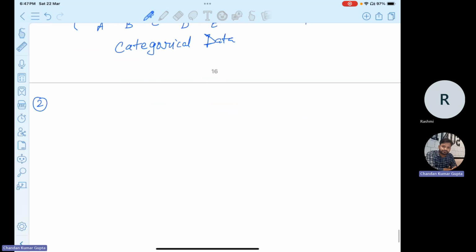Also, we have the histogram. A histogram is a kind of bar chart, but it is mainly used to represent continuous data. A histogram can only be formed for continuous type of data.